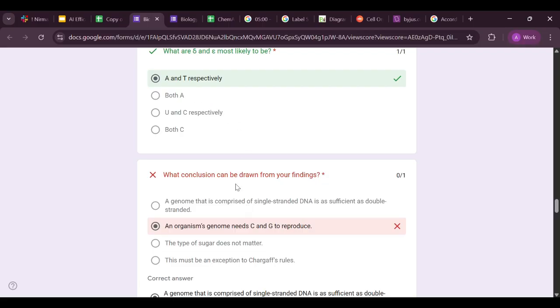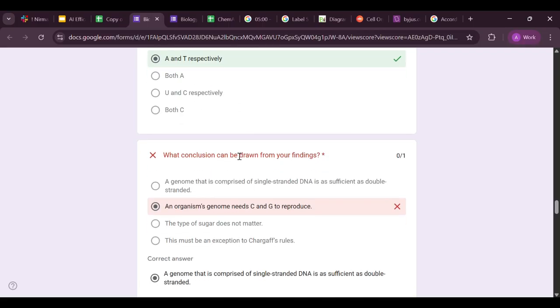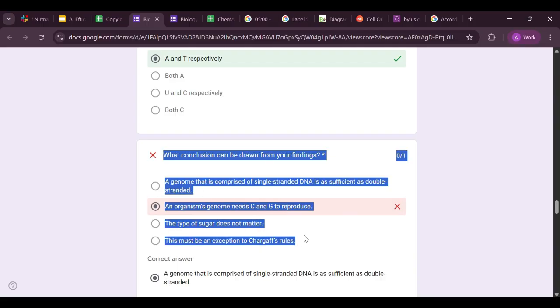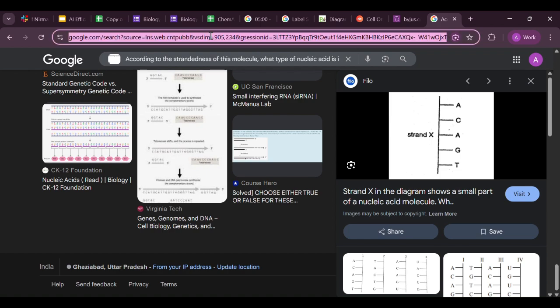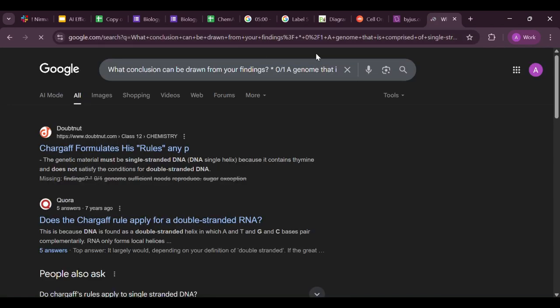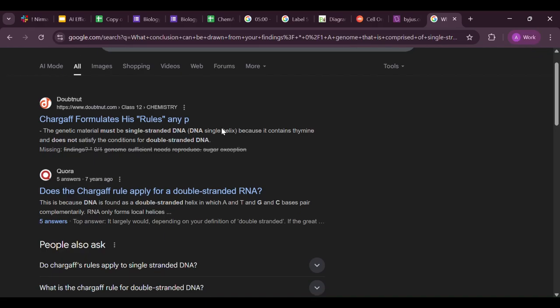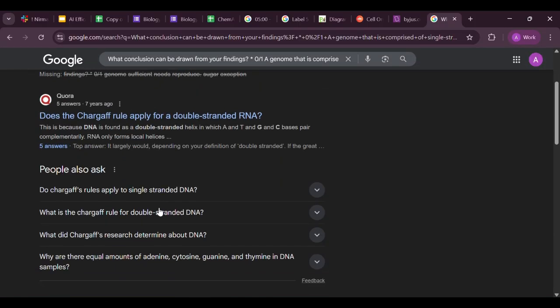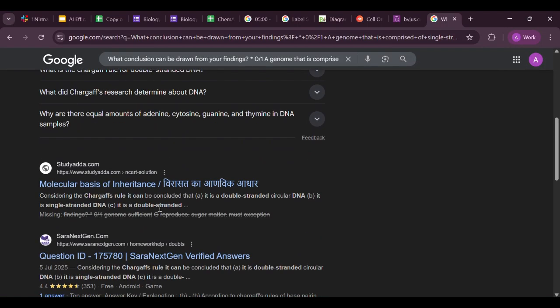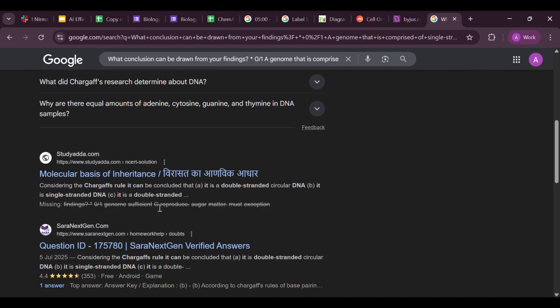What conclusion can be drawn from your findings? I have taken it as an organism genome. I will copy and paste it and check whether it is able to give me the correct answer or not. Okay, I'm not able to find this.